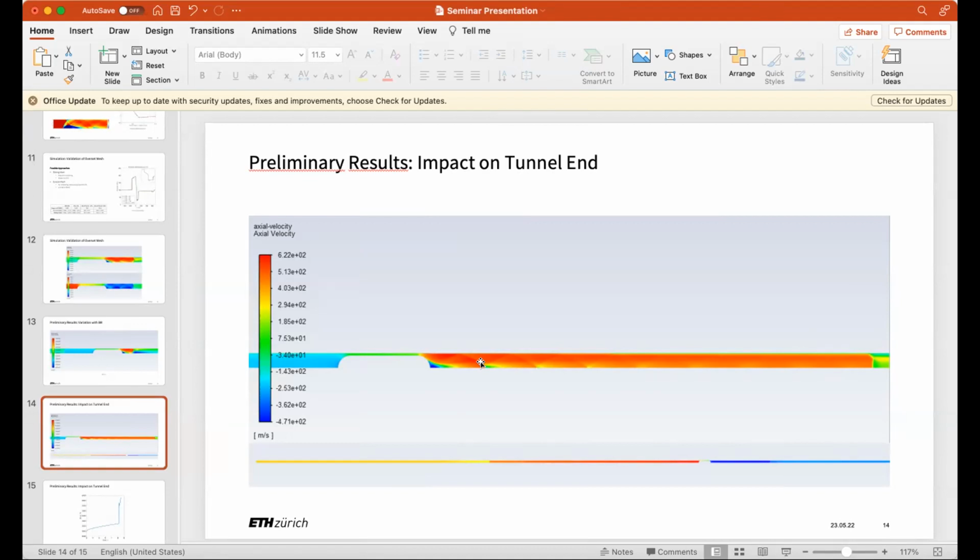Okay, then the next question. Have you been able to derive a chart to describe the optimal ratio between blockage ratio, as a function of diameter, and pressure for Hyperloop applications? I'm not sure about that. What we have found is that the flow structures that you see here are quite independent of pressure.